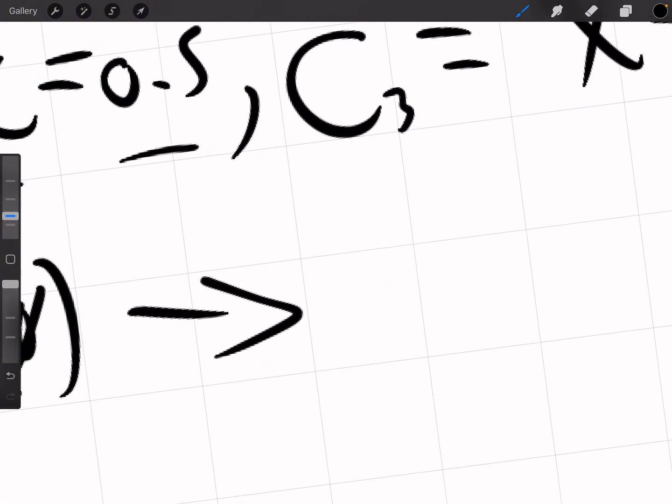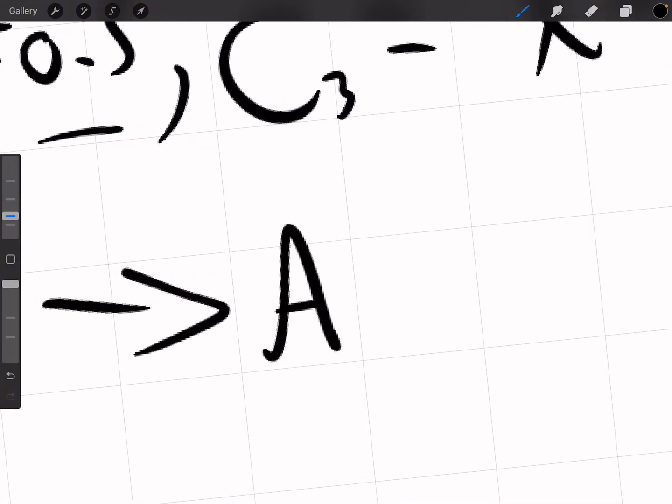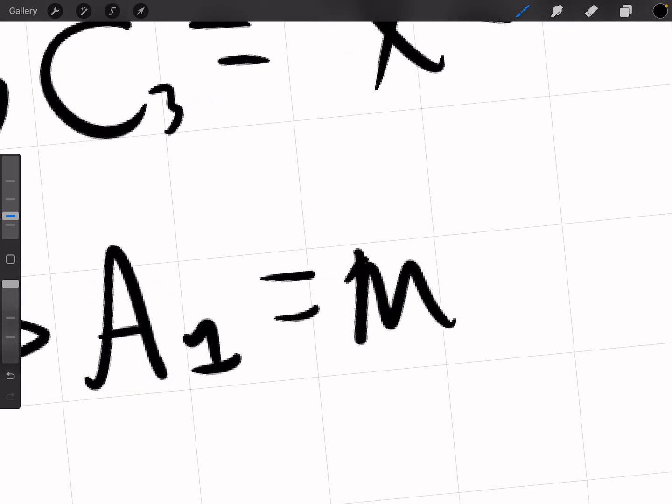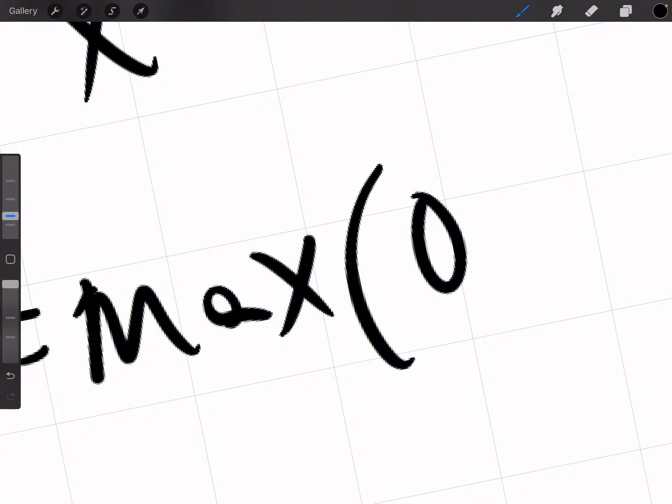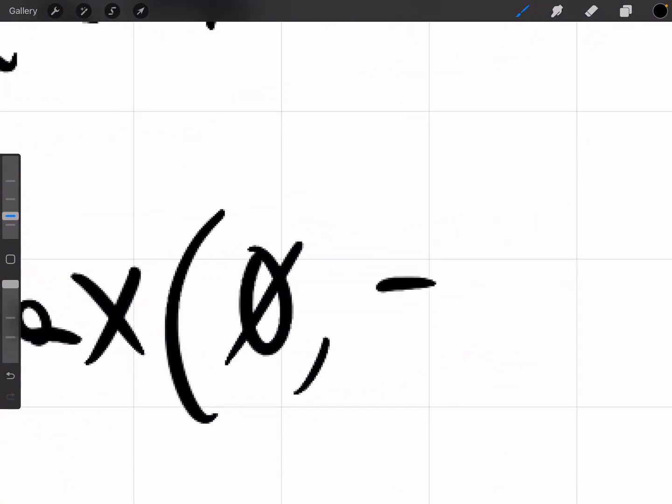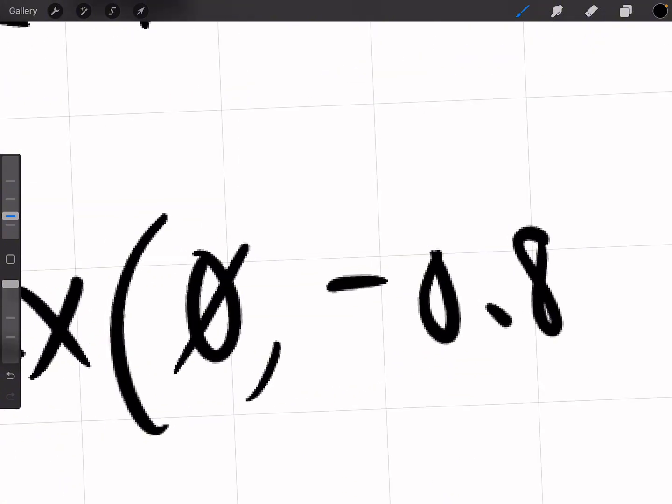And then we have A1 equals maximum of 0 or negative 0.87.